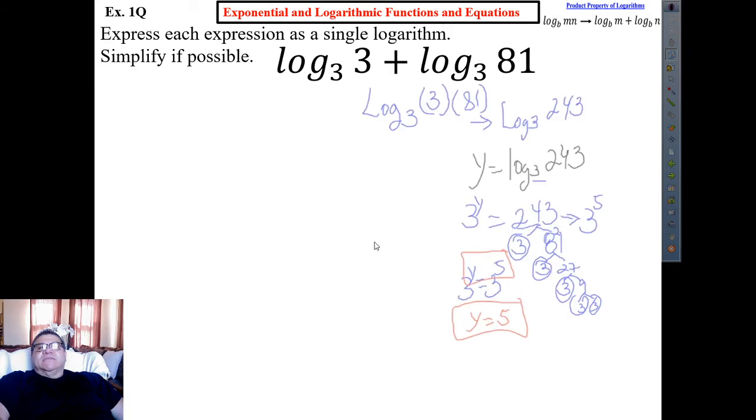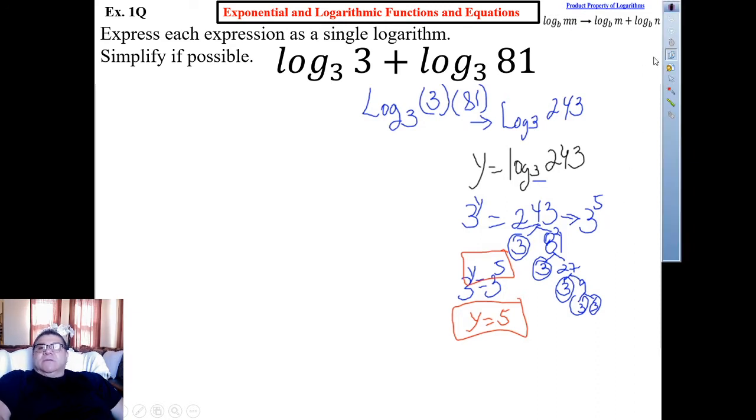Same base, so we wrote it as log 3, and this one is 3 times 81, which is 243. Then we found that we can write this using the same base, which is 3 to the 5th. That means the answer is 5, because now we have the same base as the given number.